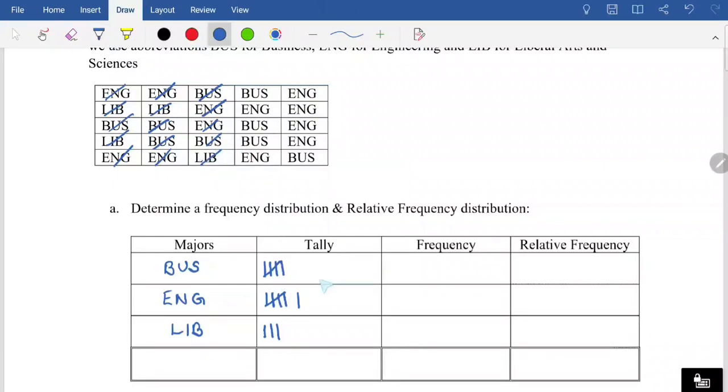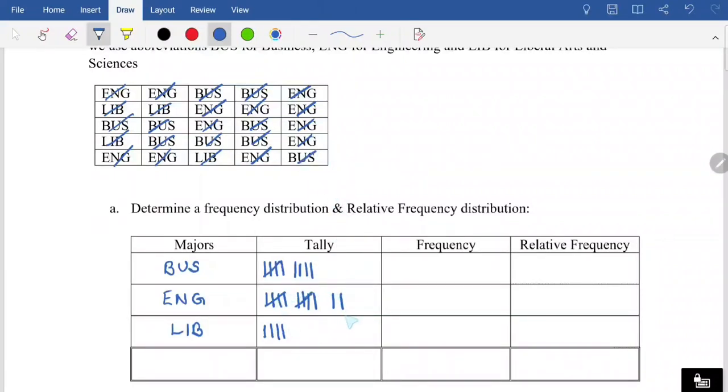Then we have LIB, BUS, ENG, BUS, BUS, ENG, ENG. This makes another bundle here. And then 2 more ENGs. And then the last one is business.